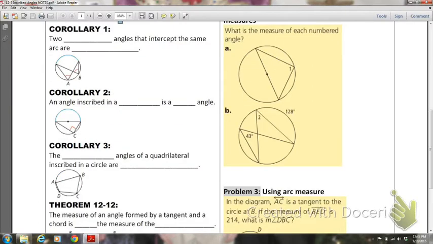So now we have three corollaries to this theorem. Remember, a corollary is a theorem that can be easily proven from the theorem that it comes from. The first corollary says that two inscribed angles that intercept the same arc are going to be congruent.